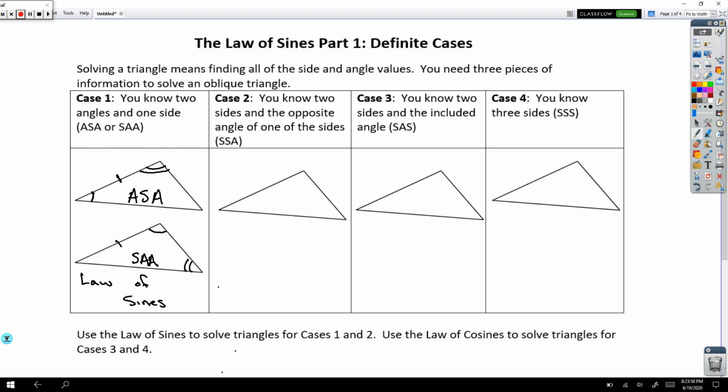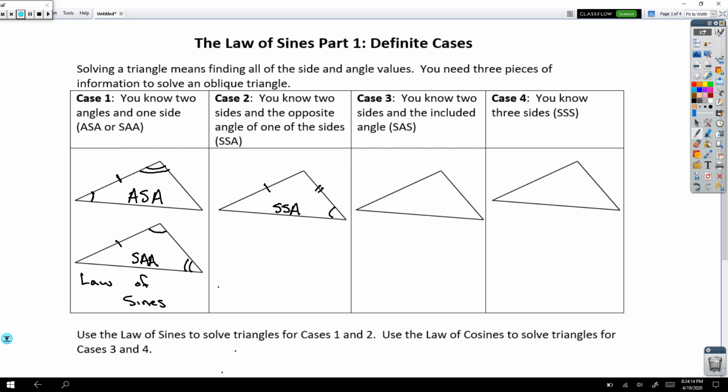Okay, case 2 is when you know 2 sides and the opposite angle of one of those sides that you're given. So side, side, angle, or SSA. Please write it as SSA, right? Don't need to put ASS all over your paper, please.